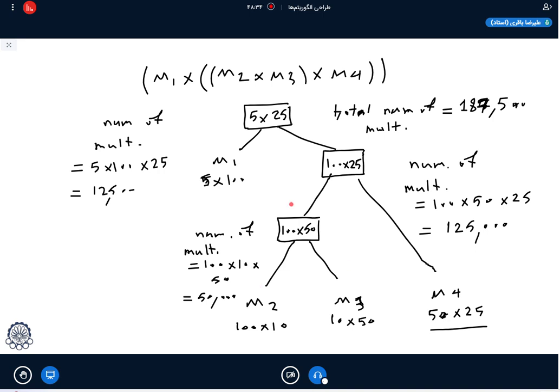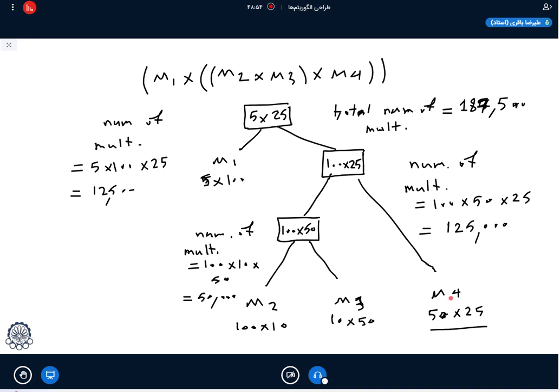Excuse me, 50,000. And the result is a matrix that has 100 rows and 50 columns. Then it is multiplied by M4. M4 has 50 rows and 25 columns.